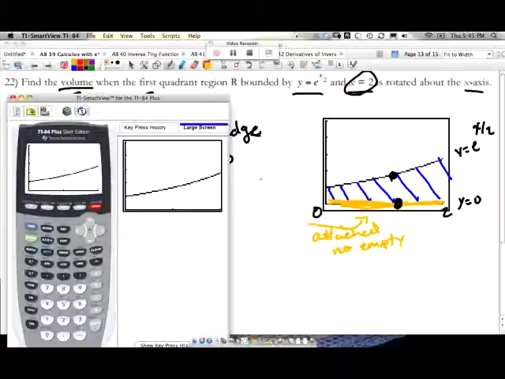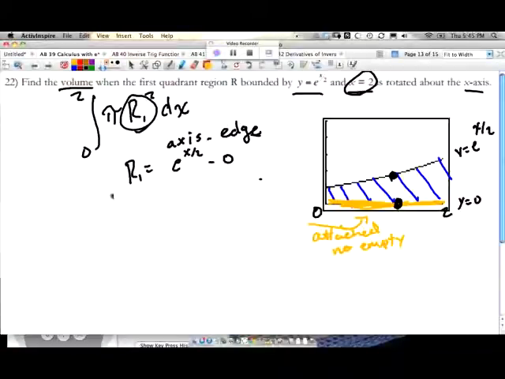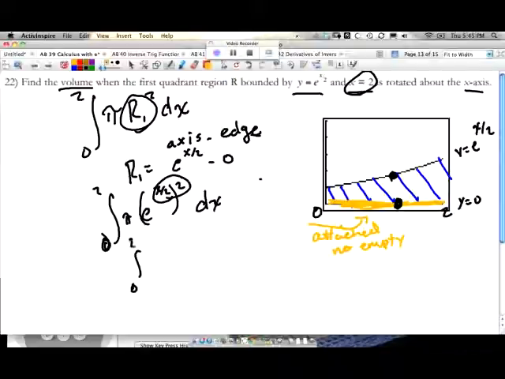I could do this by hand because this is going to be the integral from 0 to 2 of pi times e to the x over 2 squared. But look at this. e to the x over 2 squared is really just e to the x dx. And what's the integral of e to the x dx? What's the antiderivative? e to the x.